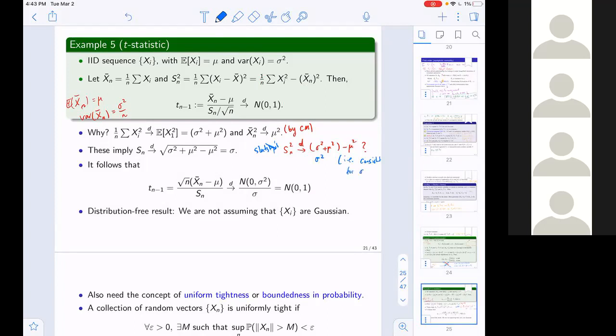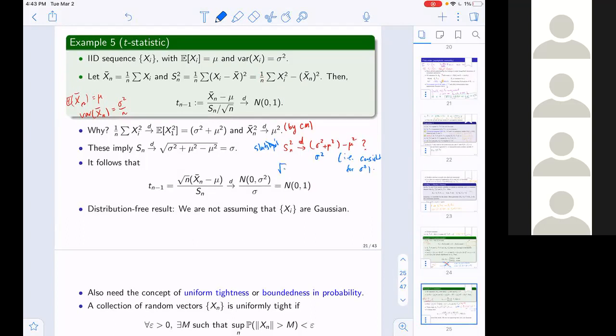I can take a square root of S n squared, which converges to the square root of sigma squared. So S n converges to sigma as a positive square root.